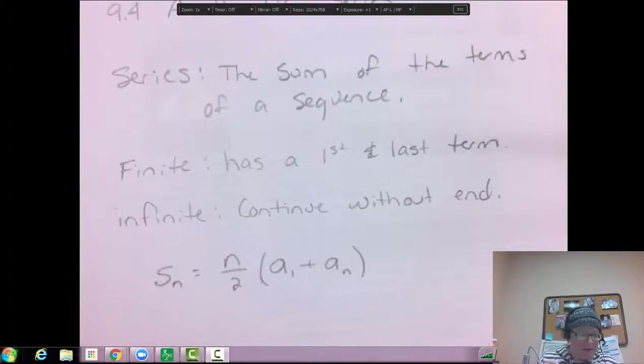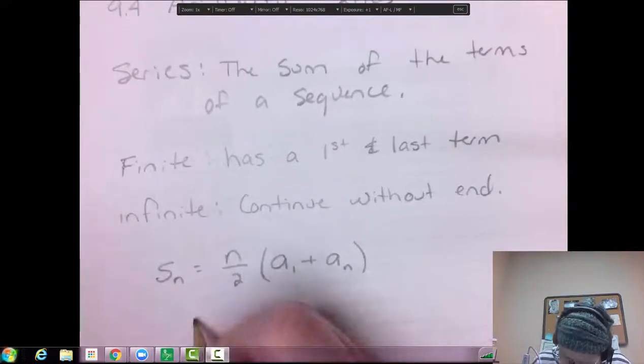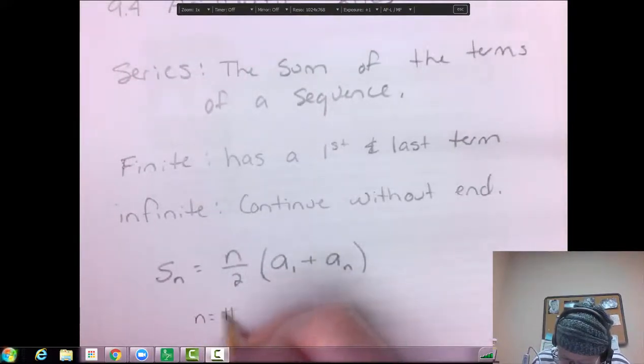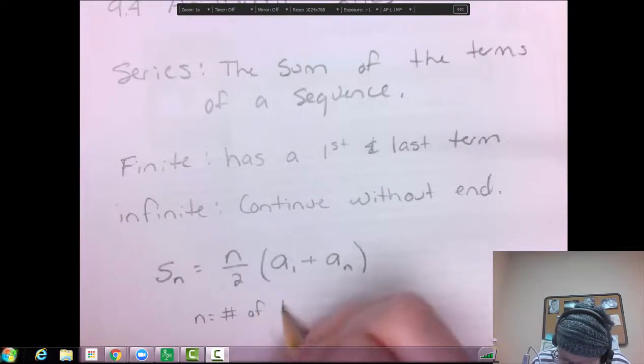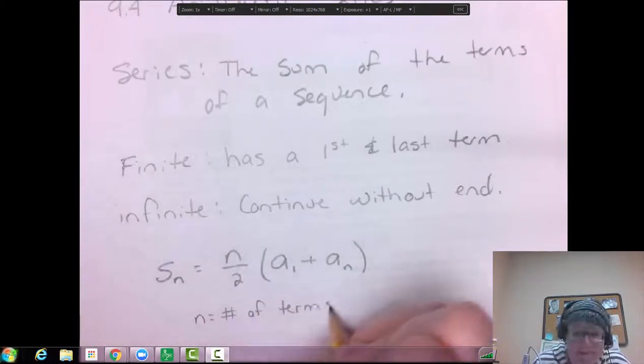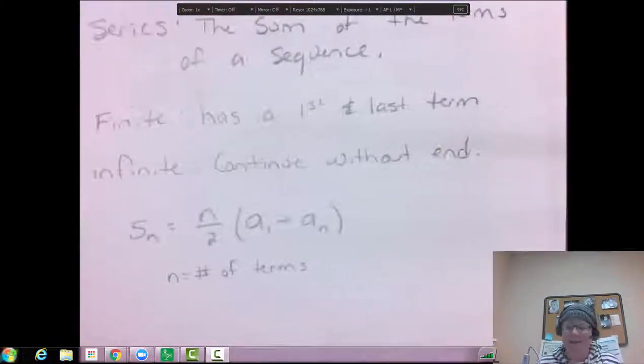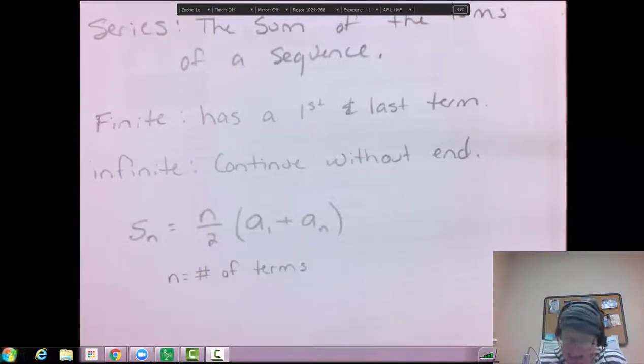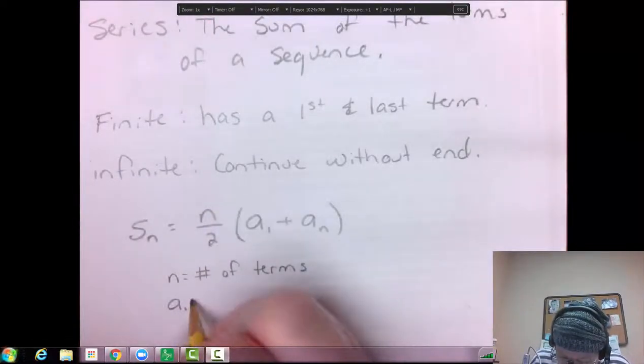So what are all of these letters? a1 is always our first term. a sub n is the nth term, typically our last term. n is the number of terms, and sometimes we have to figure that out.